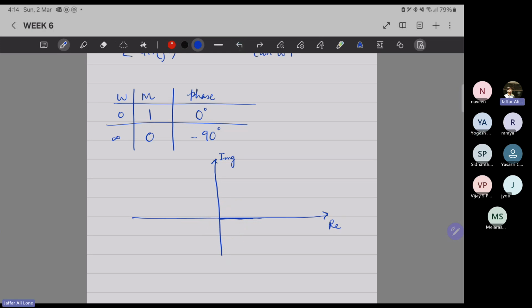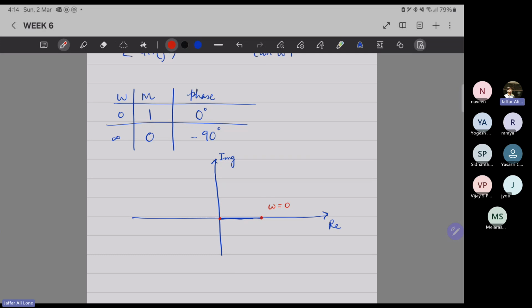So let me use a different color. So it's 0 degree, but my magnitude is 1. So let's assume this is that point, where 1. So at omega equal to 0, I'm here. Then as omega goes to infinity, my magnitude is going to 0. So my magnitude will be here, but my angle will be minus 90.